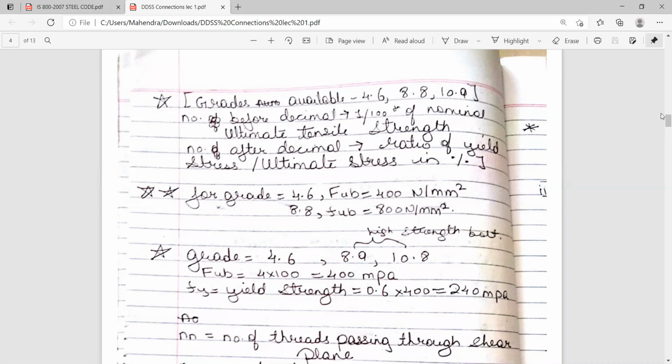So whenever you need FUB, for grade 4.6 FUB is 400 and for grade 8.8 FUB is 800 Newton per mm square. You can remember these two values for FUB: for grade 4.6 FUB is 400 and for grade 8.8 FUB will be 800.